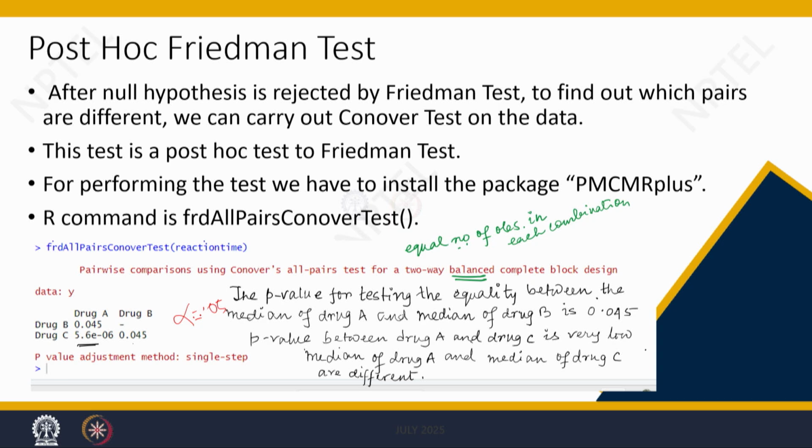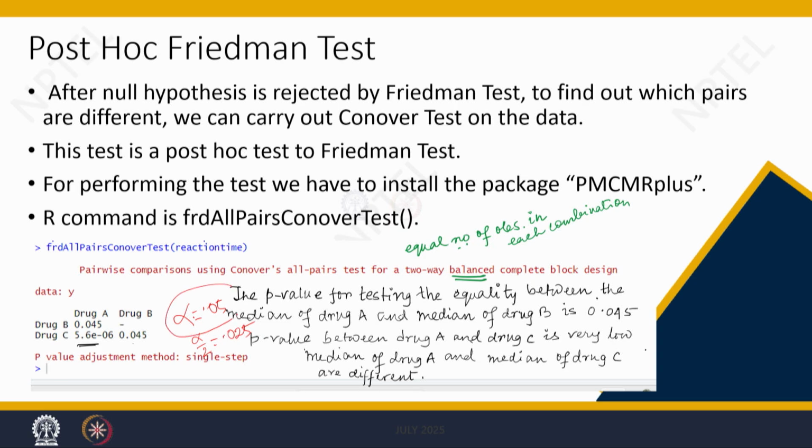Now, what will be your take if you are fixing your alpha as 0.05? For this comparative calculation, for this post hoc test, you have to check the P values with respect to alpha by 2. So that will be 0.025. Most of the time people make a mistake here.